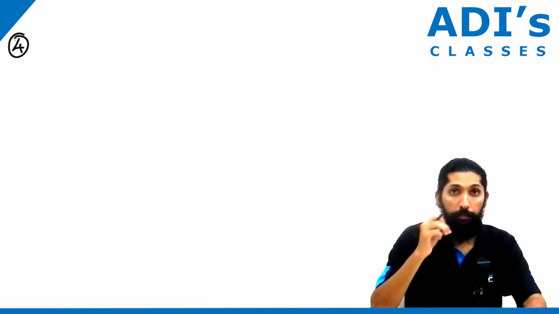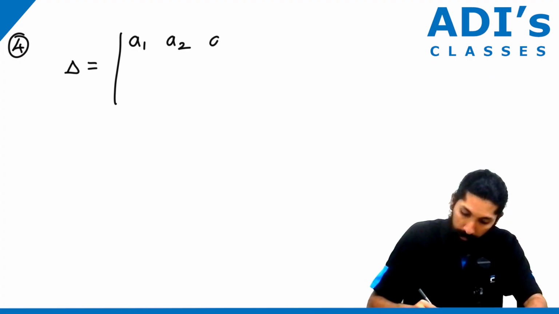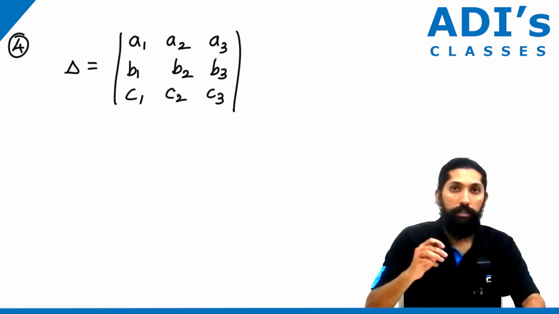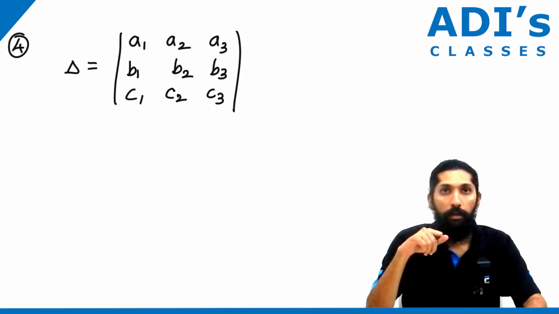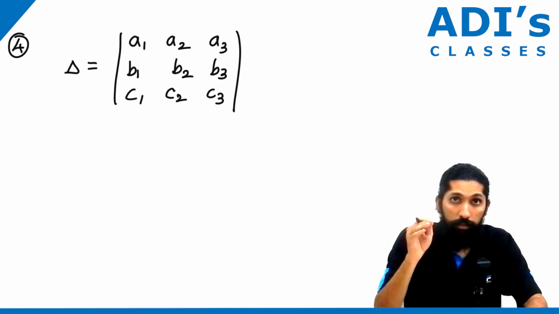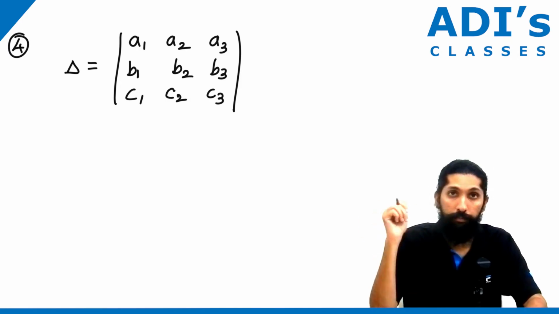The fourth property tells you that, suppose we have a determinant delta with A1, A2, A3, B1, B2, B3, C1, C2, C3. Now what if one of the rows or one of the columns has a common multiple?